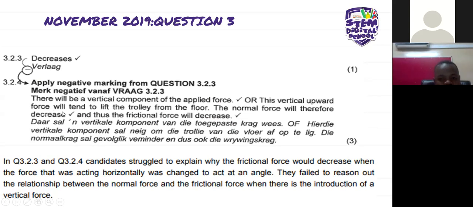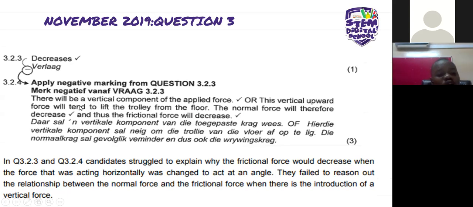And I told you, if the normal force decreases, the frictional force is also going to decrease. Now, why is the normal force decreasing? Here, my dear learners, you also need to think about what is relevant to fully explain your answer. Some of you would have just said the normal force will decrease and thus the frictional force will decrease. Why is it decreasing?